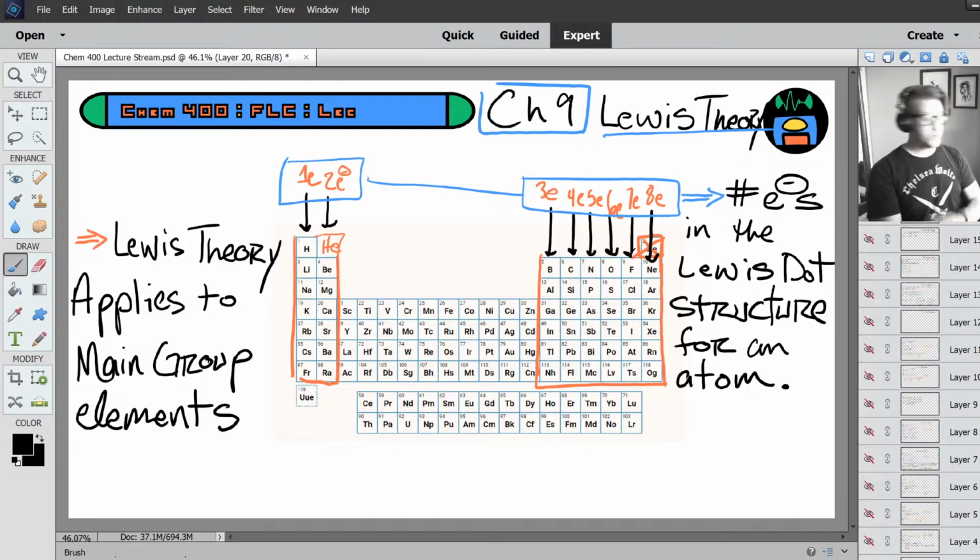You can determine the number of electrons for the Lewis dot structure of an atom based on its position in the main group.